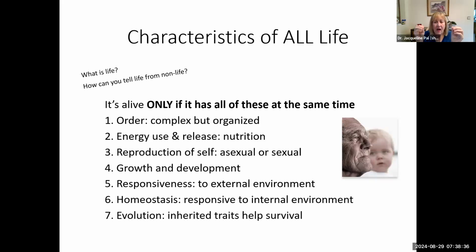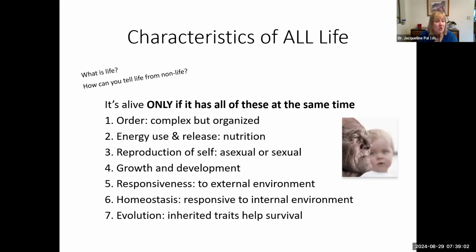But what I want you to realize is that each characteristic, even though I have them listed with a certain name here, can go by different names. For instance, the first one, which I have listed as order, other books and other people will call organized.